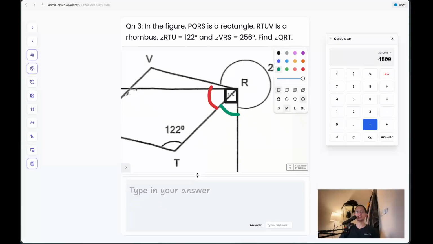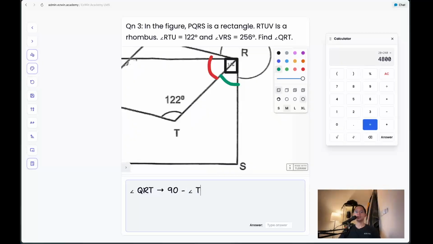So let us just write down over here, to get the angle QRT, we need to have 90 minus angle TRS in green.